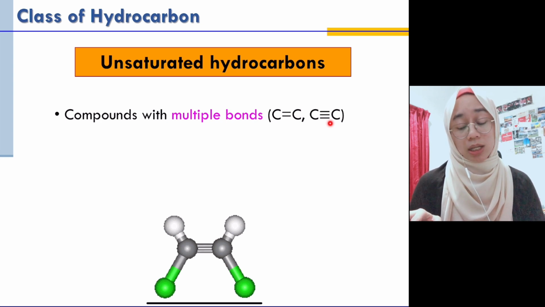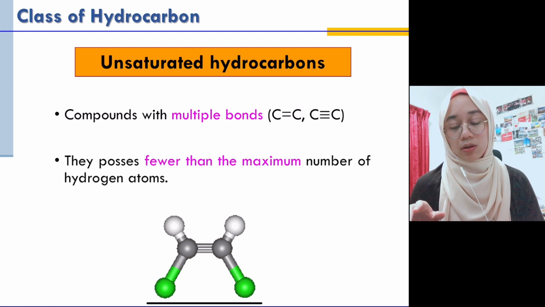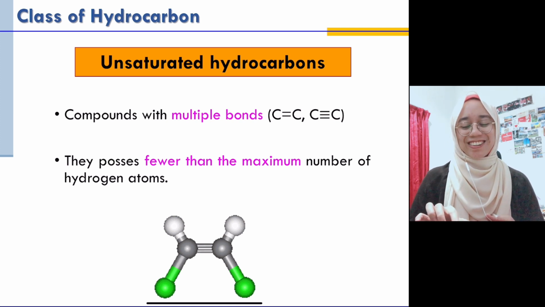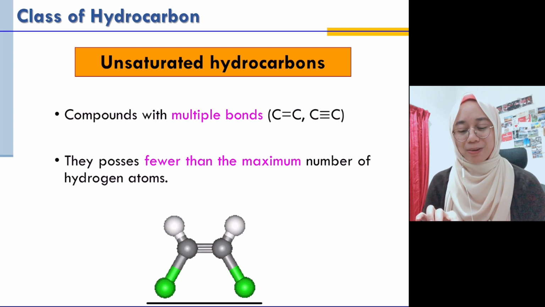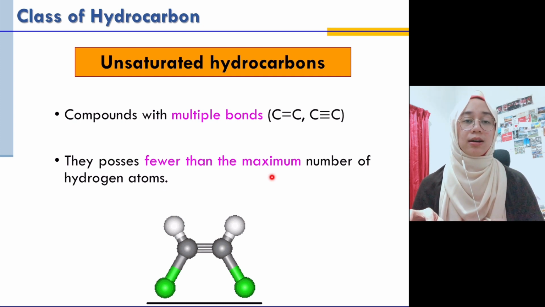Okay, so since they buat multiple bonds, so supposedly the number of hydrogen is lesser. Okay, fewer. Okay, so they possess a fewer number of hydrogen compared to saturated compound.